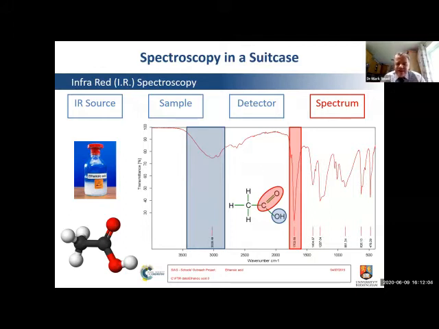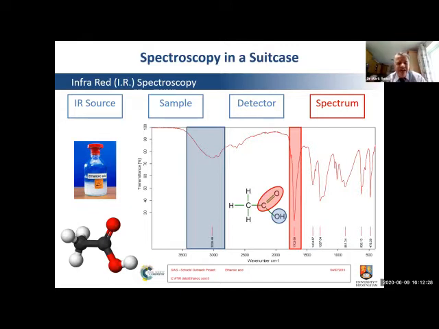And on the y-axis, we have transmittance, or what percentage of the infrared produced has passed through our sample and arrived at the detector. When that's at 100%, everything produced at that wavelength has passed through, nothing's been absorbed, so very boring, nothing's happened. But you can see in this spectrum, there are certain peaks where the infrared has been absorbed by a certain bond.